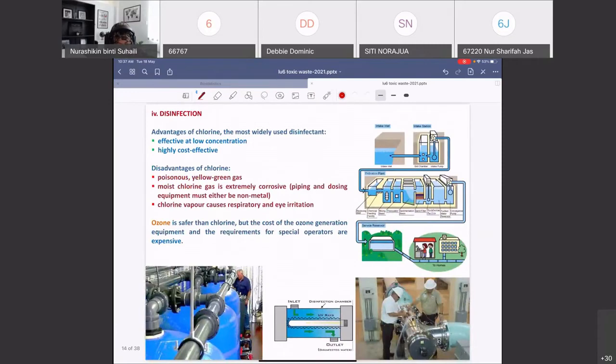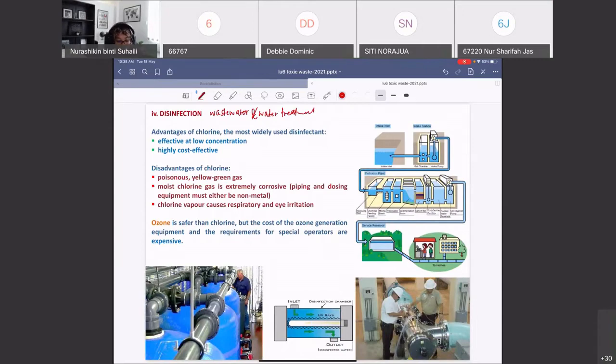This is a very popular or common method, even in wastewater treatment and also in clean water treatment, the one that comes out from your taps. So disinfection is by adding certain types of chemicals.